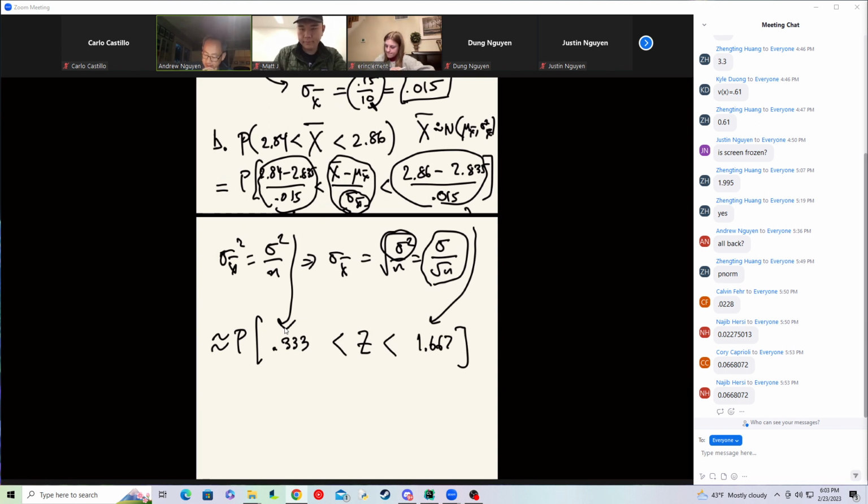All right. So now you draw your picture, 0.333 and 1.667. So I'm looking for this area. I'm looking for that area. Okay. So I'm going to use R code, please.